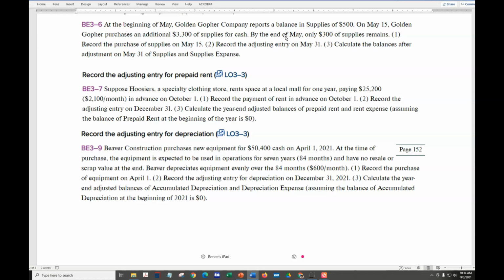On May 15th, Golden Gopher purchases an additional $3,300 worth of supplies for cash. By the end of May, only $300 worth of supplies remains. We're asked to, 1, record the purchase of supplies on May 15th, 2, record the adjusting entry on May 31st, and then calculate the balances in the accounts.